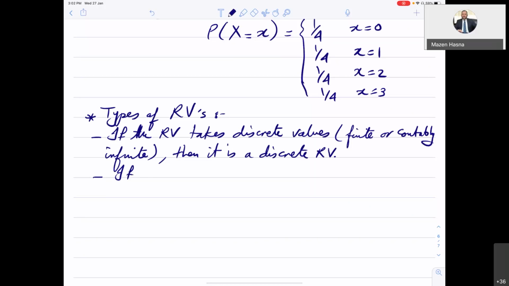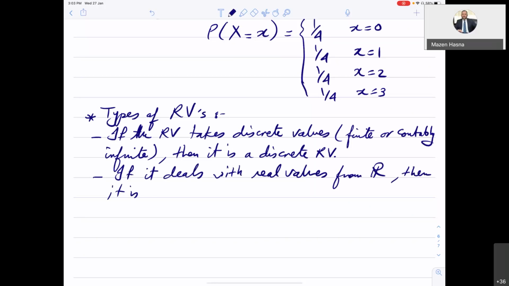If it deals with real line values, in the real line from R, then it is a continuous random variable.